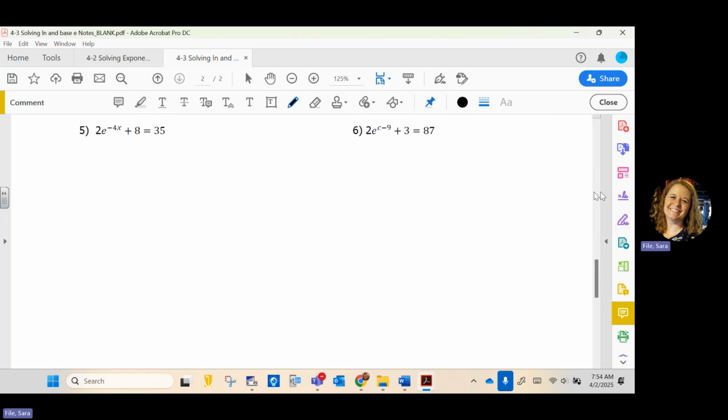So on the back here, we've got some more complex expressions. I have to isolate the exponential expression. The exponential expression is this part right here, the e to the negative 4x. That's what I have to get alone. So I've got a 2 in front being multiplied and an 8 being added. Which one do I move first? The 8.